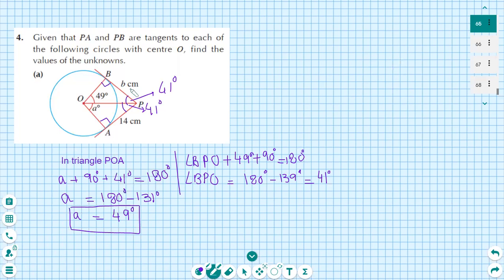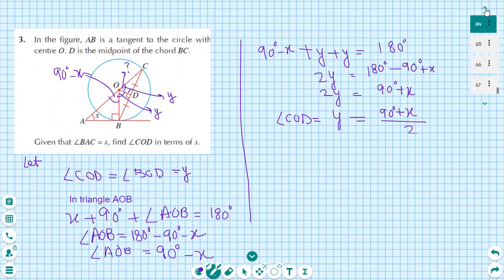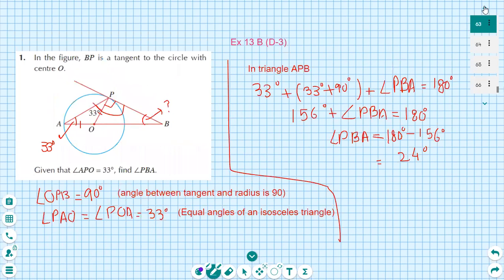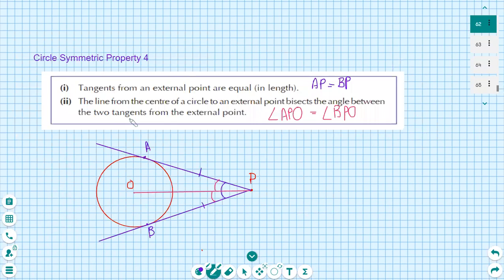Now we have to find the value of B. So B is actually a side, and we have studied according to the property number 4 that tangents from an external point are equal.